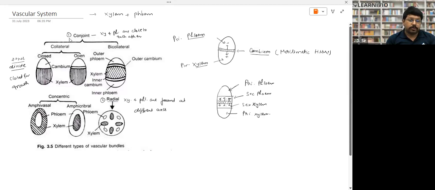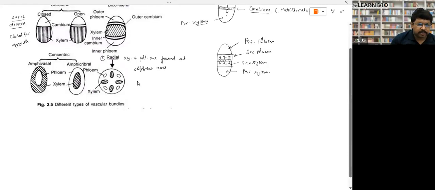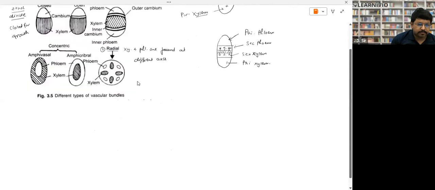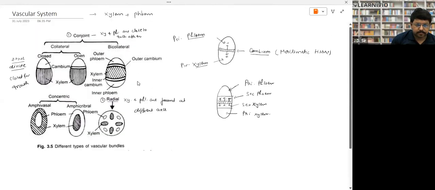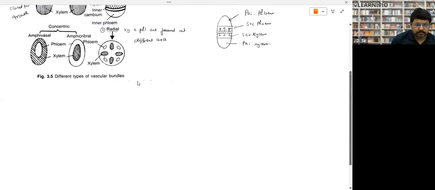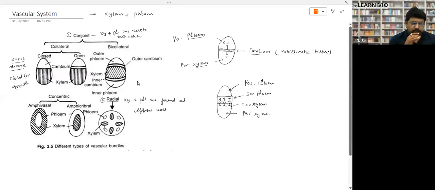Yes, note it down, these conjoint and radial. Note it down, conjoint and radial. Look, note down this way. One second, sir. Could you scroll up? Okay, thank you. That's it. Done?